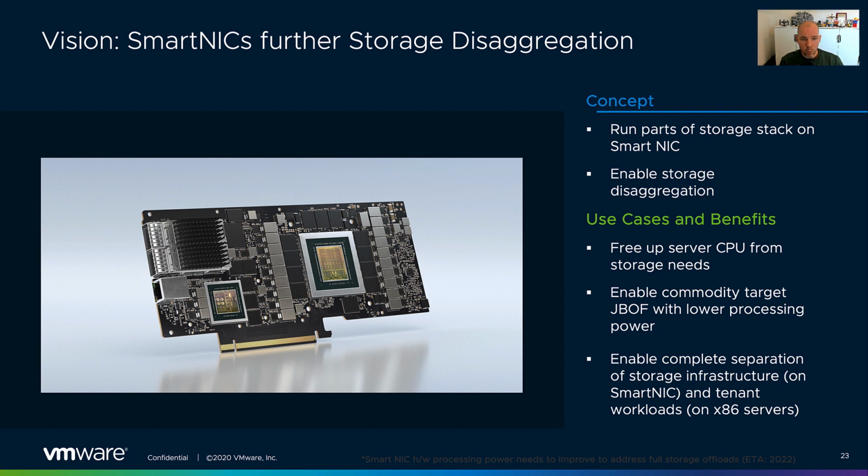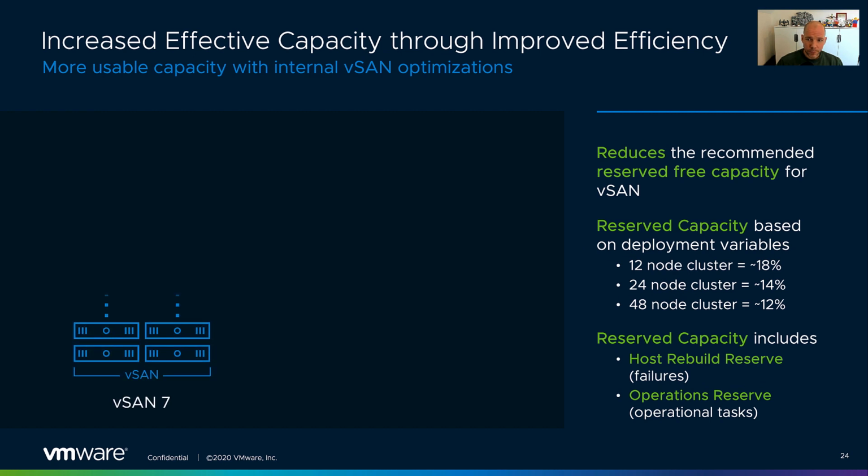So you can imagine you have a physical Windows or a physical Linux machine, which now will have the ability to start leveraging vSAN storage. Now, all of these capabilities that I'm talking about are something that we are considering for future releases. It's not even something that we are actively working on. So this is just a vision. It's not necessarily something that will be released in the upcoming future.